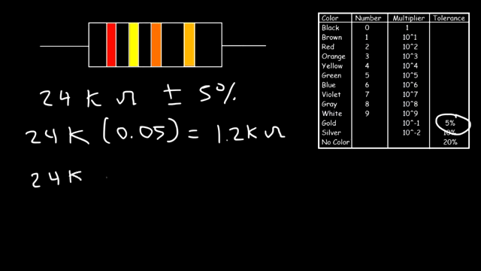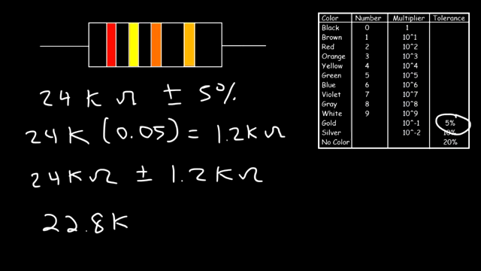So the actual resistance can vary between 1.2 kilo ohms from 24 kilo ohms. So it could be 24 minus 1.2. So it can be 22.8 kilo ohms on the low side. Or it can be 24 plus 1.2, which will be 25.2 kilo ohms.